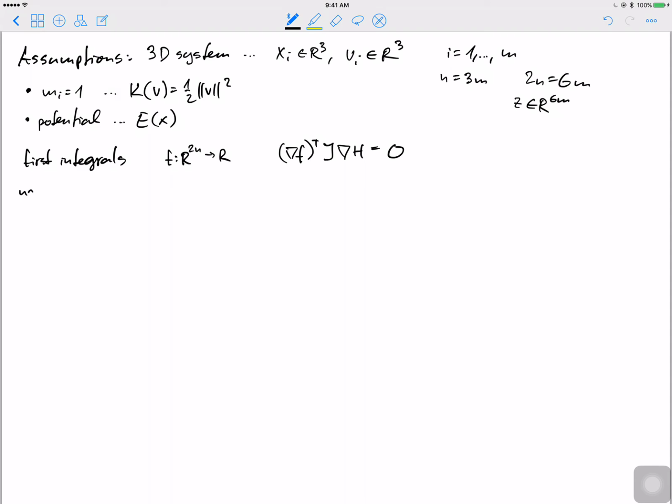Okay, so let's talk about angular momentum. The assumption necessary for angular momentum to be conserved is rotation invariance of the potential function.